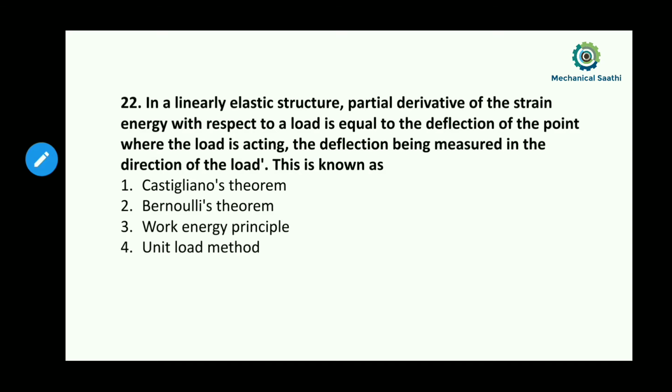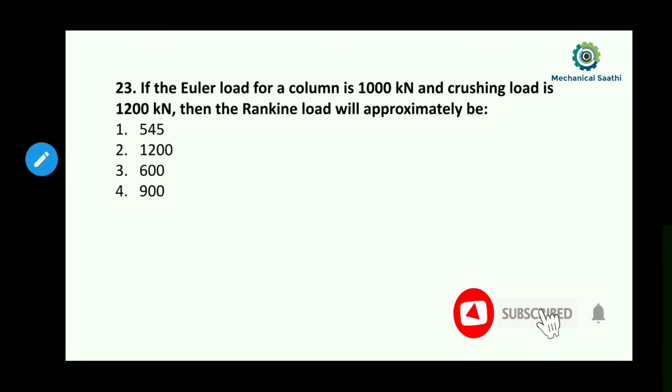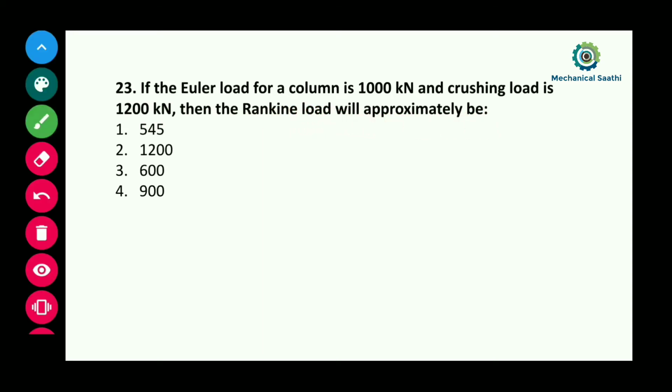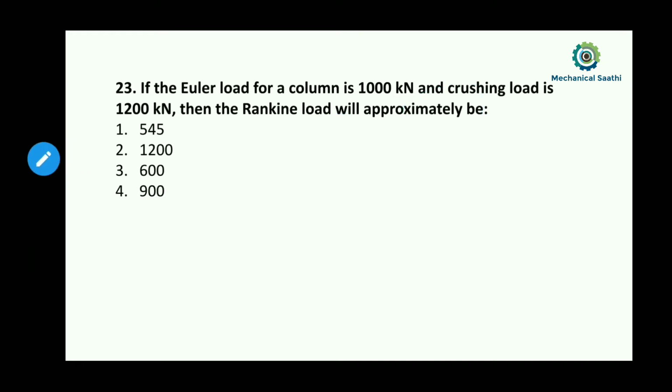Moving towards the next question, question number 23. Here it is telling that the Euler load of a column is given as 1000 kilonewton, and the crushing load is given as 1200 kilonewton, and we have to find out the approximate value of the Rankine load. We have a formula for finding the Rankine load.